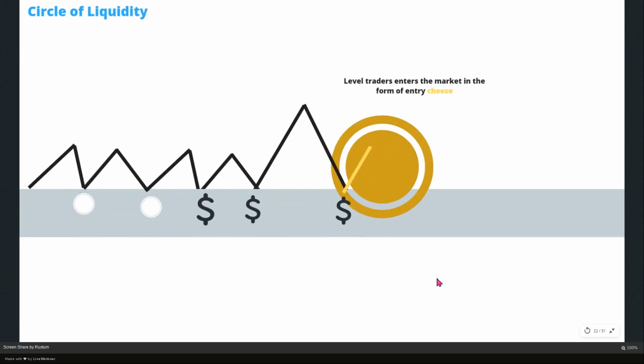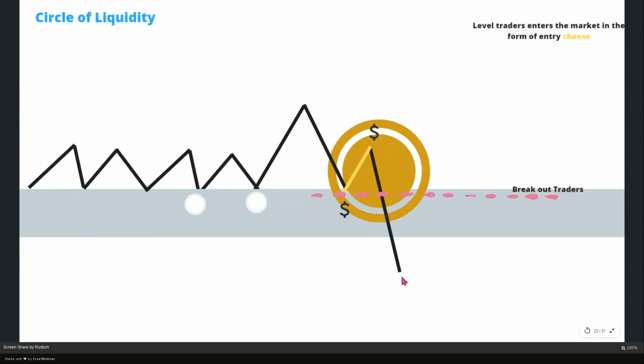That's our first type of trader in the market. Then we have our breakout trader coming into the market and he's going short, the opposite direction of the level trader. So we have two types of traders that entered based on what they have seen at the level.